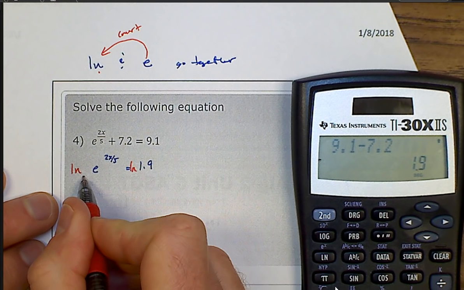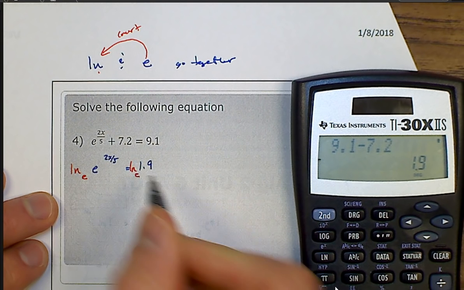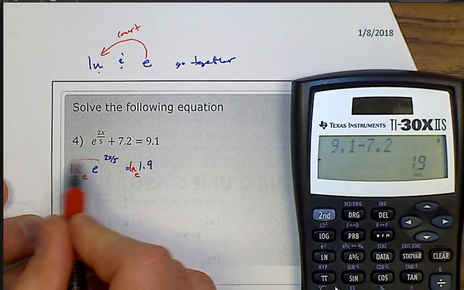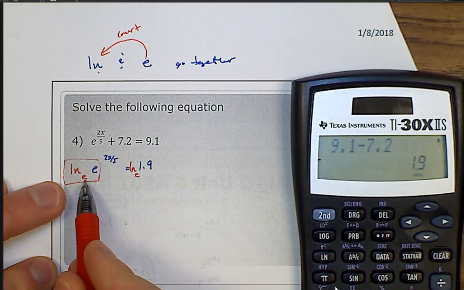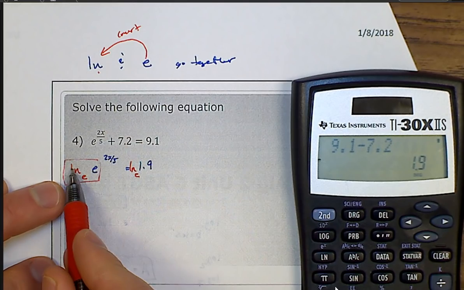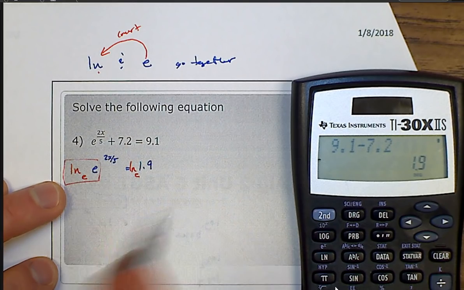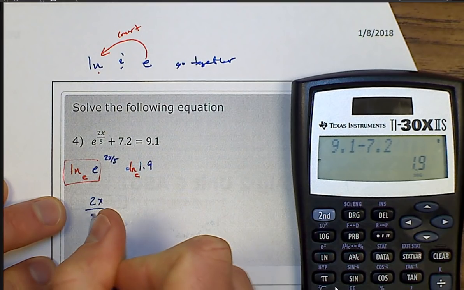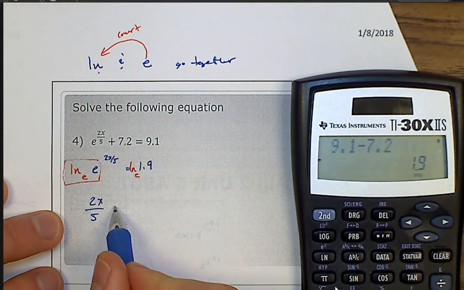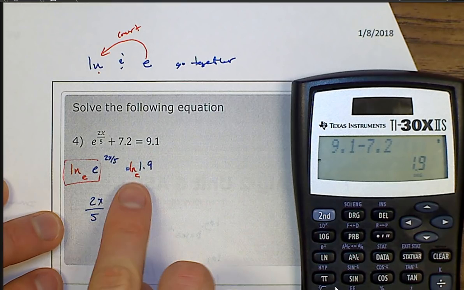It's always e. So what does this become? That becomes 1. So natural log of e to e becomes 1, just like log of whatever number to itself is always 1. So I'm just left with 2x over 5. And then on this side, I basically have the natural log of 1.9.